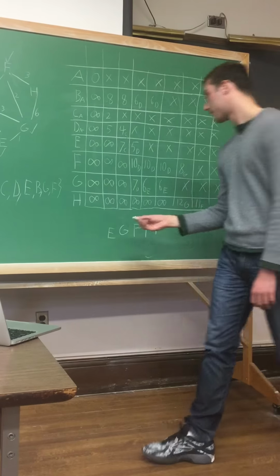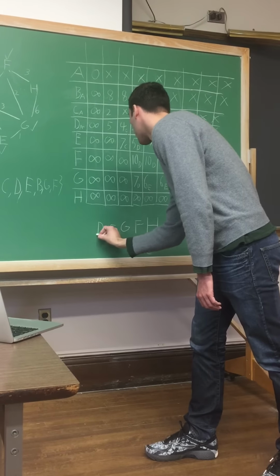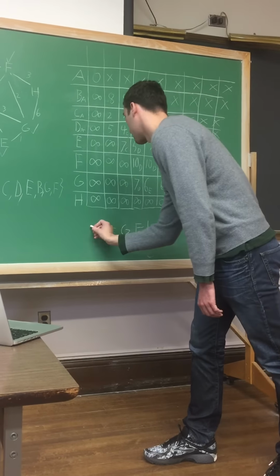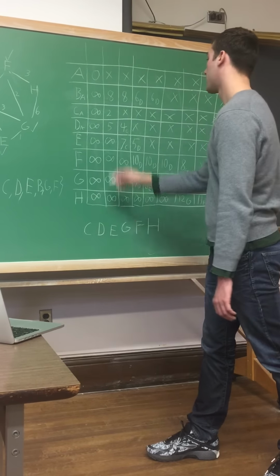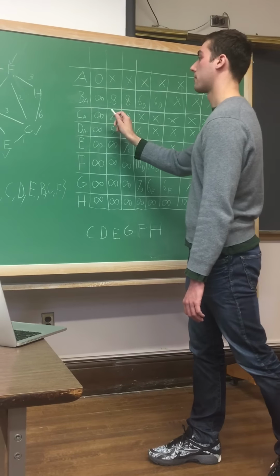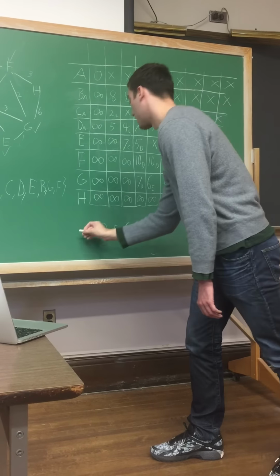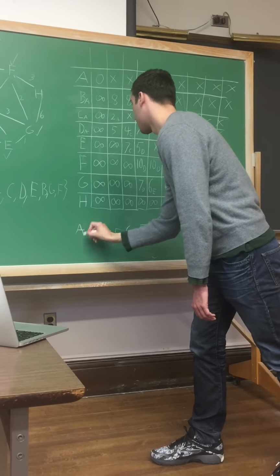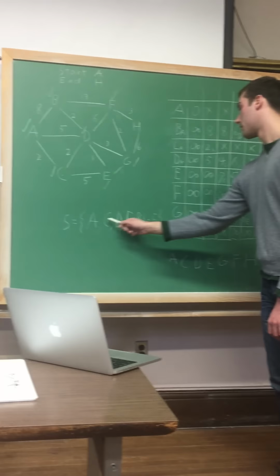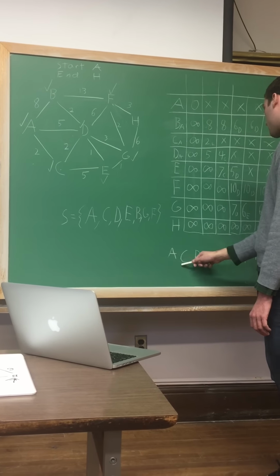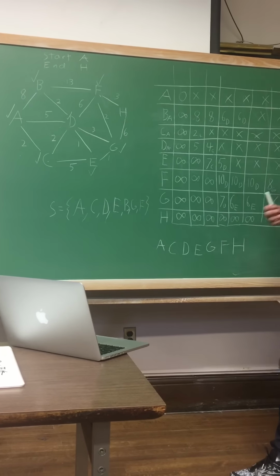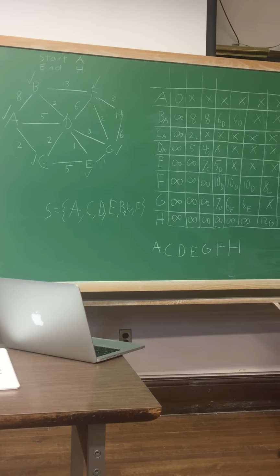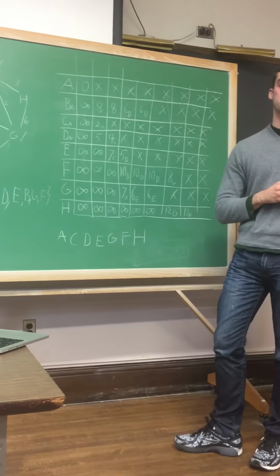D. And then we got to D from C, and we got to C from A. Right? Yeah, so that should be the shortest path.